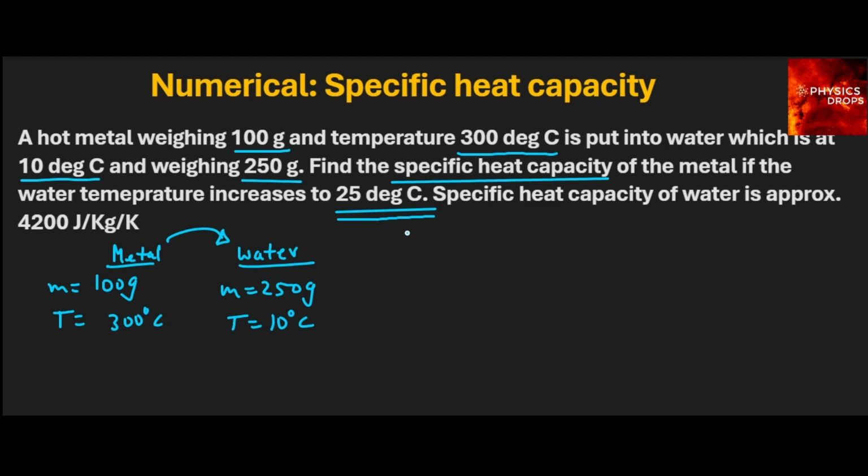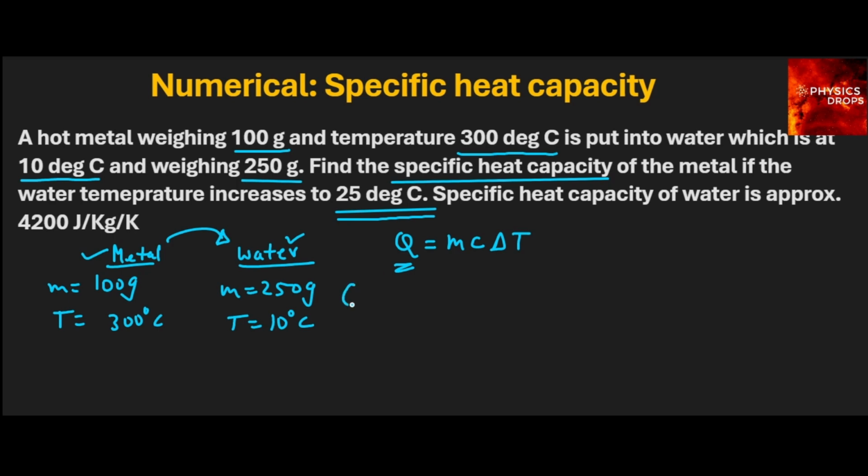Both are same. And we know that that is given by this formula: Q equals mass times specific heat capacity times change in temperature. So we need to find Q for both metal and water and equate that and try to find the specific heat capacity of the metal. Now we are also given a specific heat capacity of water which we can use here.